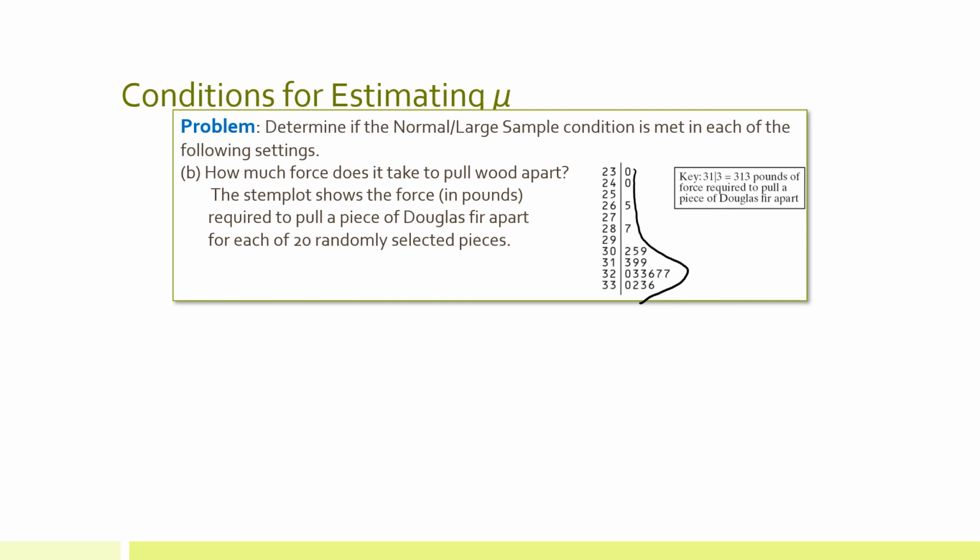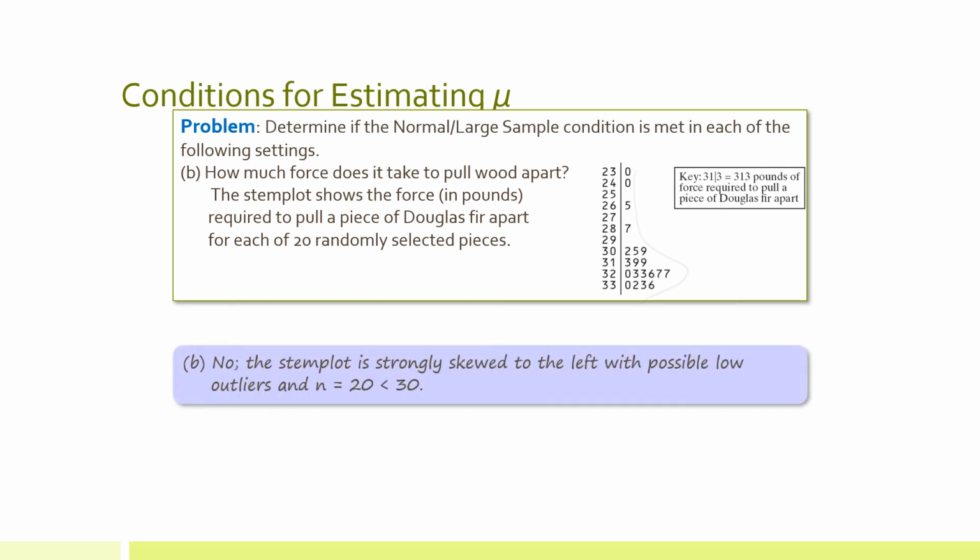If I'm looking at that, I would say that is strongly skewed to the left. I don't think I can pretend that's normal under any circumstances. So I'm going to have to say no, I can't use t-procedures on this one. Let's see how we did. No, the stem plot is strongly skewed to the left with possible low outliers, and n is less than 30. Nice work.